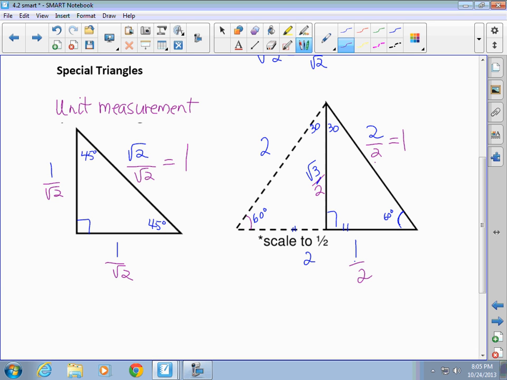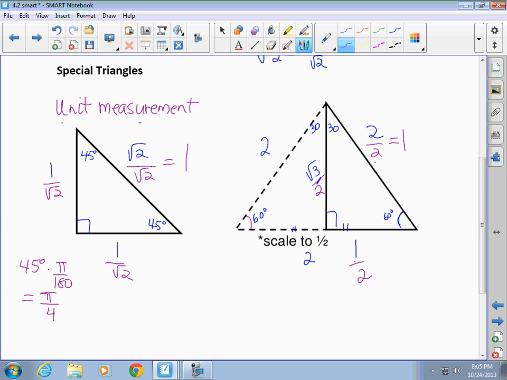If we're thinking of this in radians instead of in degrees, 45 degrees, so if I use my formula from last time, I'd multiply this by pi over 180. So 45 goes into 180 4 times, so this would be pi over 4.